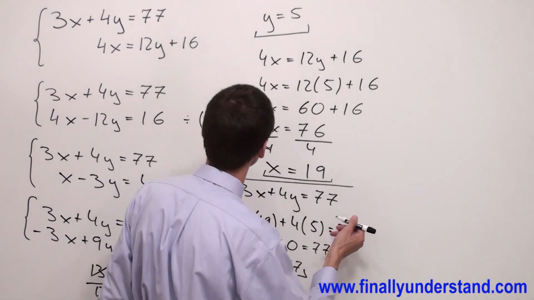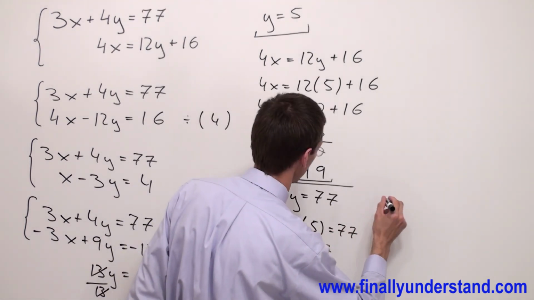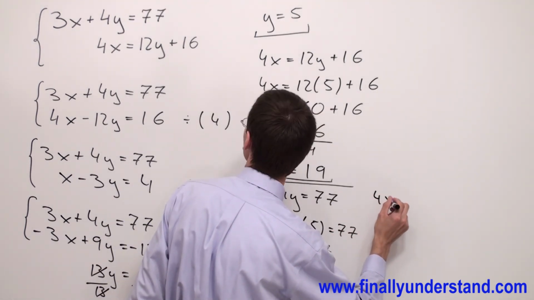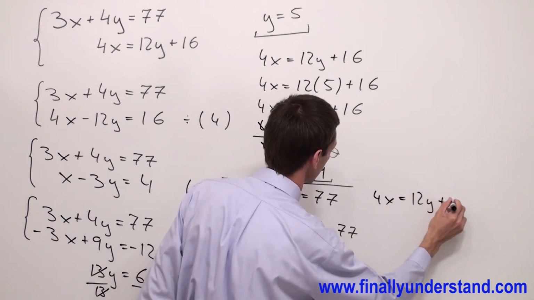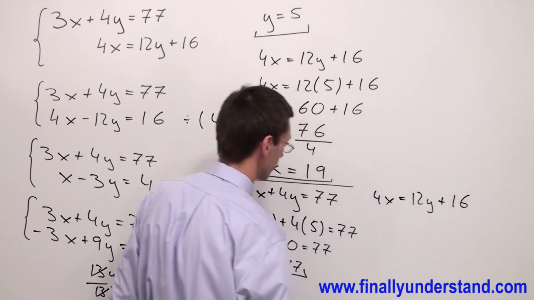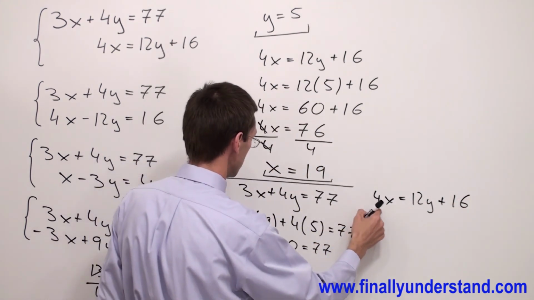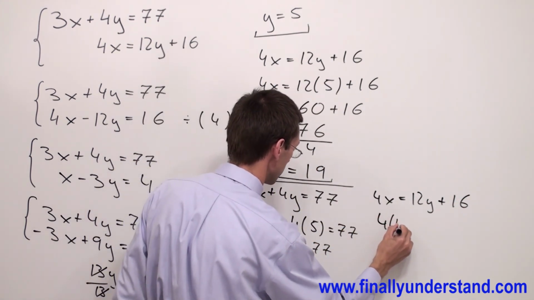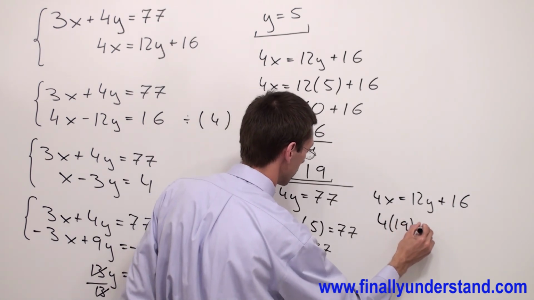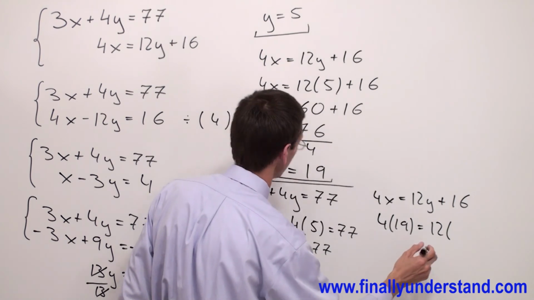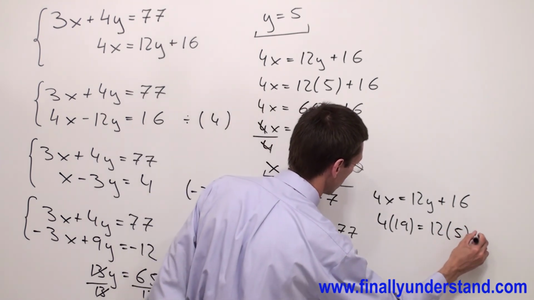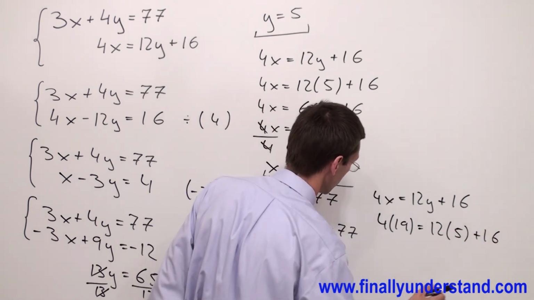check also with the second equation. So we have 4x equals 12y plus 16. 4 times 19 equals 12 times 5 plus 16.